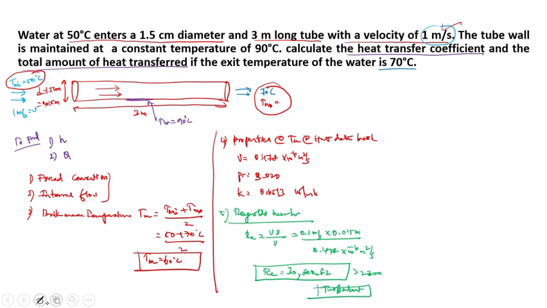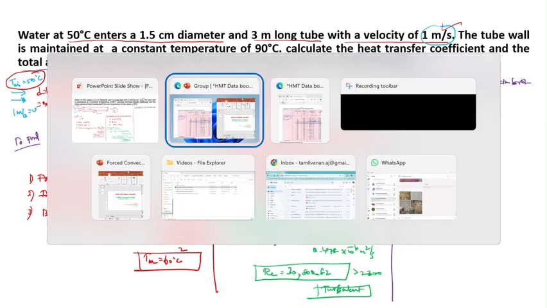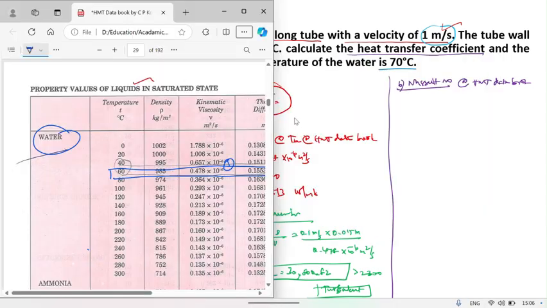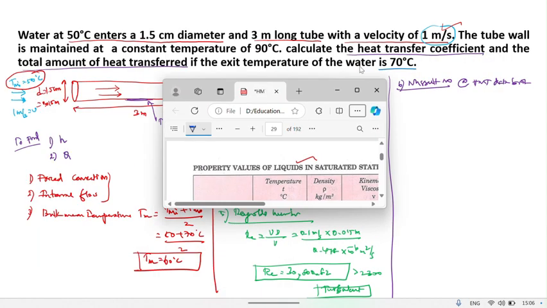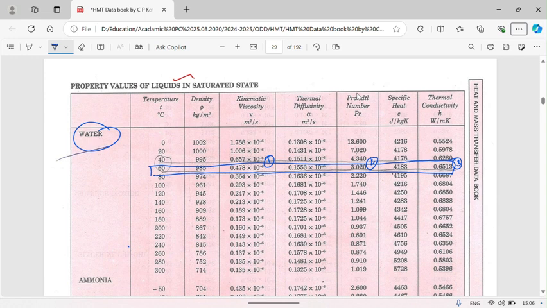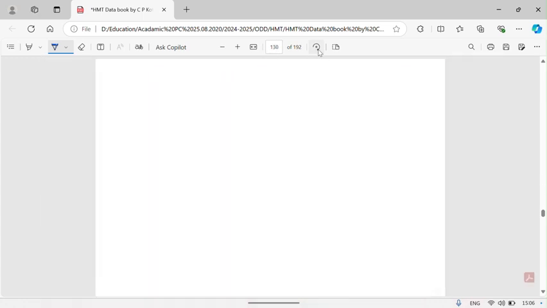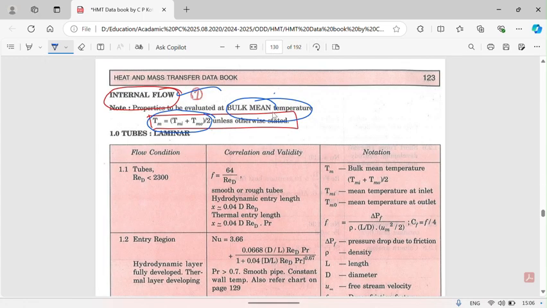After finding whether the flow is laminar or turbulent, we are going to find the Nusselt number. You can take the Nusselt number expression from the HMT data book, at page number 130, for internal flow.